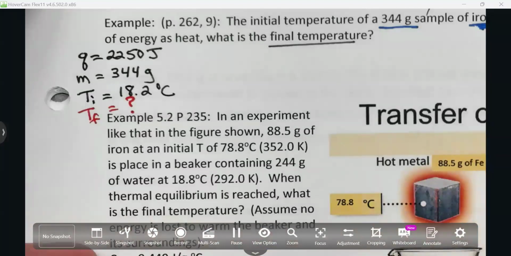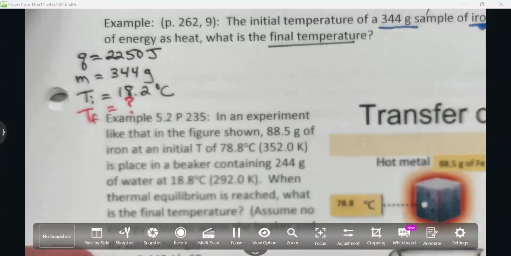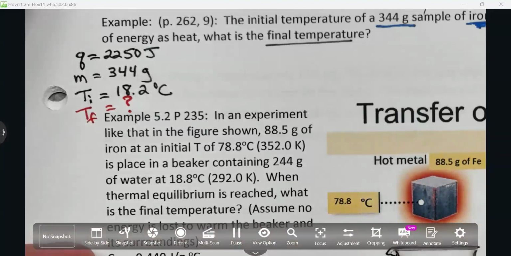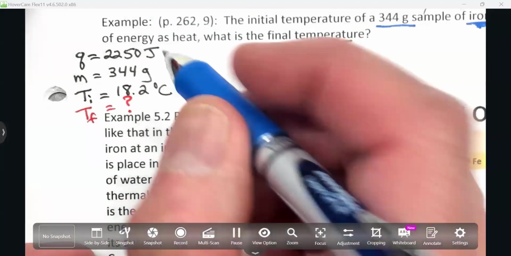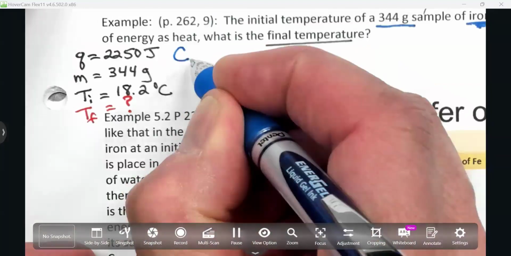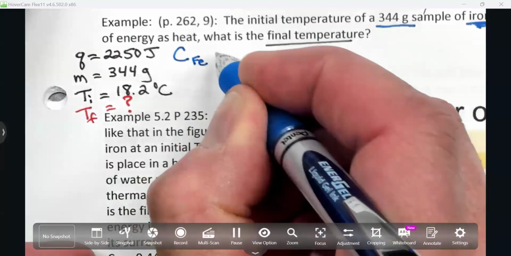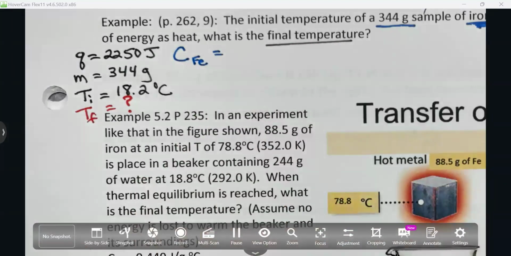You find what I'm looking for. And the specific heat of iron, it doesn't give us there.